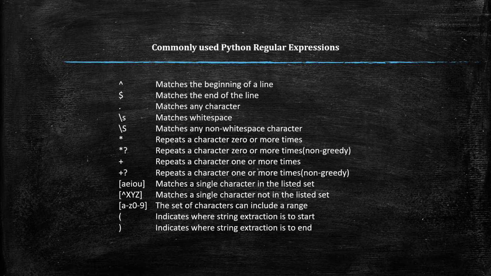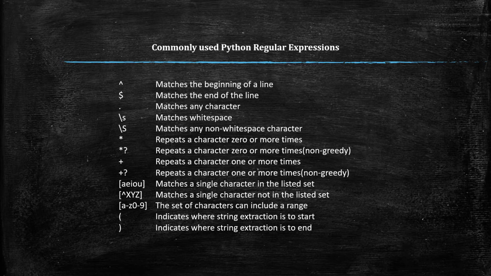Similarly, within the square bracket, if you start with the caret sign and any particular characters, let us say XYZ, then it matches a character which is not in the list. I mean to say that if you write this kind of expression, then it is going to search a pattern which does not contain capital XYZ, right? Then within the square bracket, suppose I write small a to small z, 0 to 9.